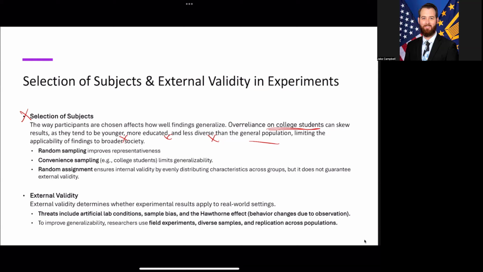What causes someone to potentially be impacted by an intervention? It may only apply to college age people, right? It may not apply to everybody else. We don't know unless we have non-college people represented in the population that gets randomly assigned to our treatment and control group. So in my dissertation example, I specifically went out and recruited through a marketing firm a random sample of people from across America, different ages, different ideologies, right?